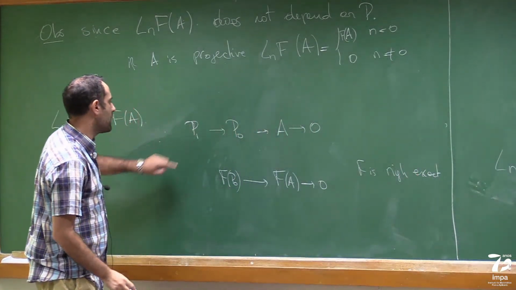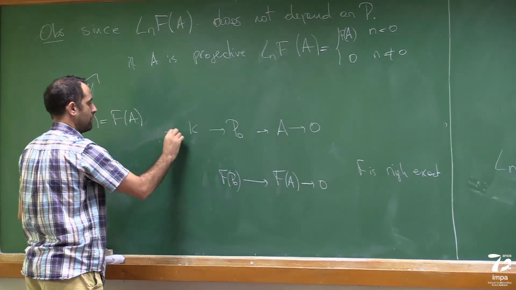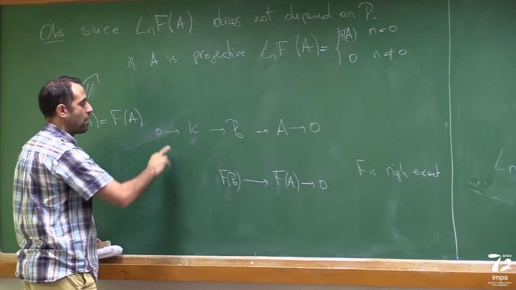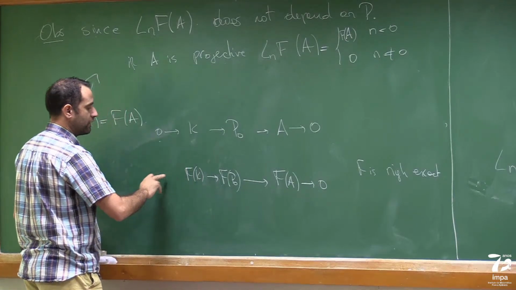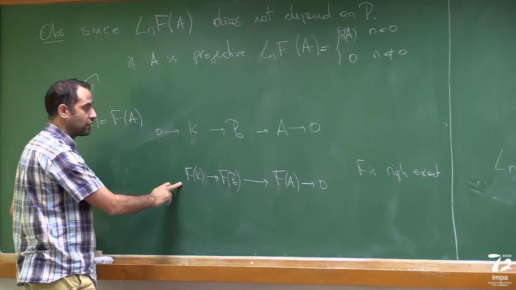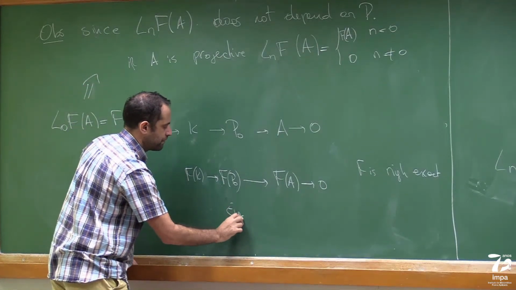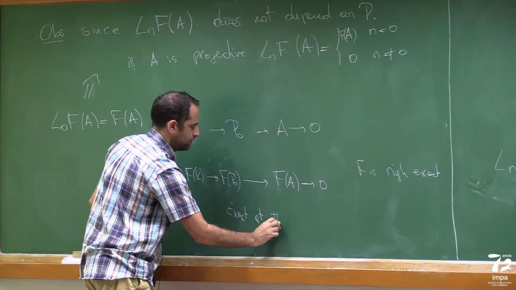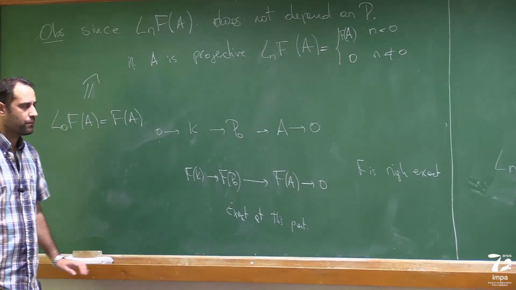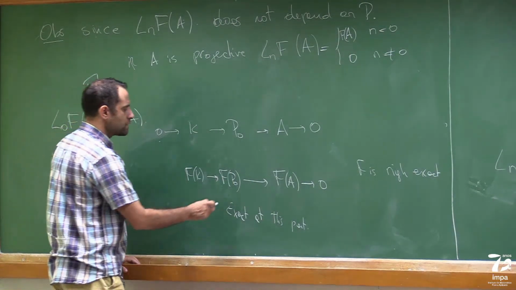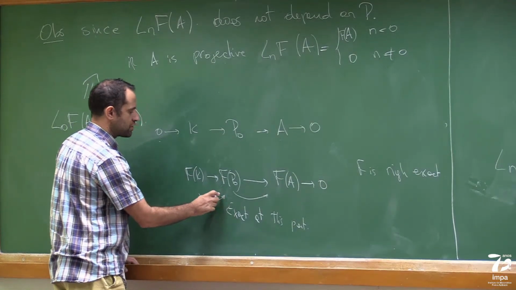So instead of taking P_1 here, you can take the kernel, for example, of this map, and now apply F to that. This is going to be F of K. And I cannot put a 0 here because F is right exact, not left exact. But this sequence is still exact at this point, so the kernel of this map is equal to the image of this map.